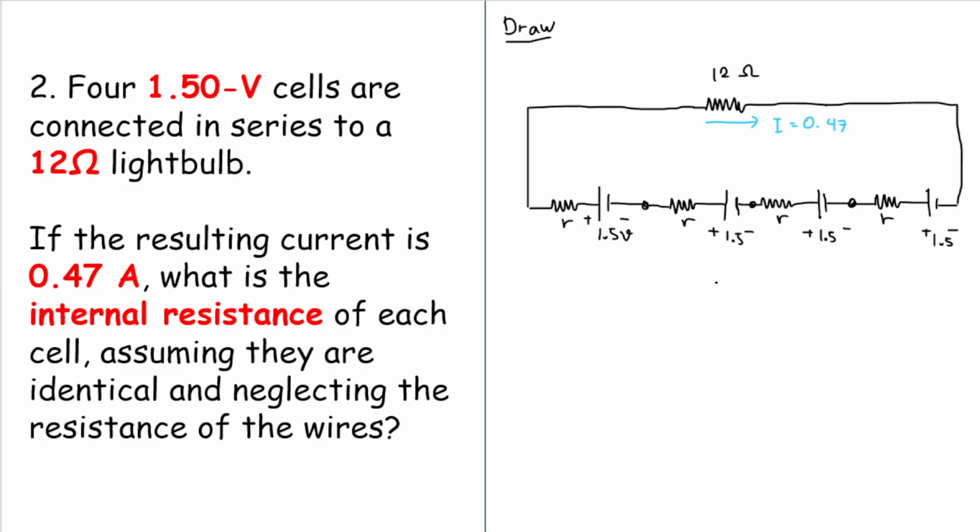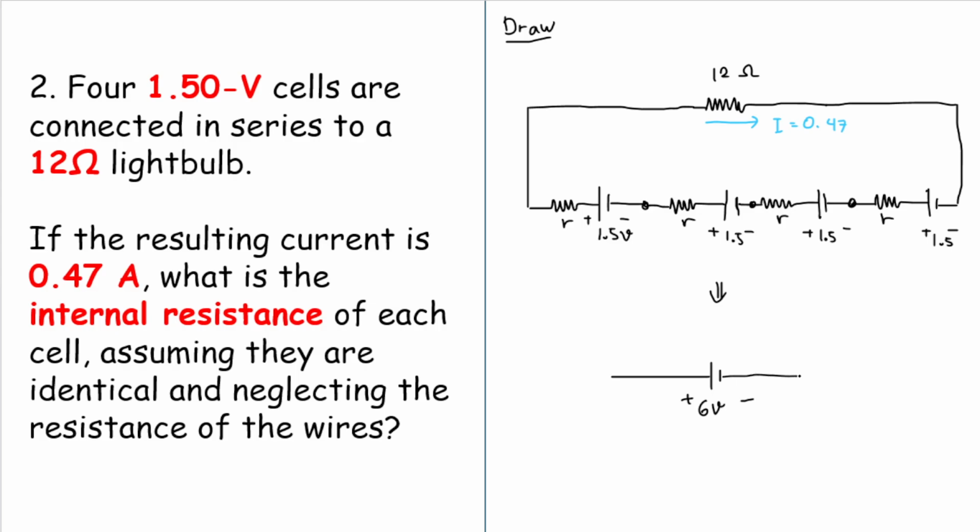So we can get the equivalent circuit here with a single battery like this. And the EMF of this single idealized battery is 6 volt, right? Because 1.5 plus 1.5 plus 1.5 plus 1.5, that will be 6 volt. Good.